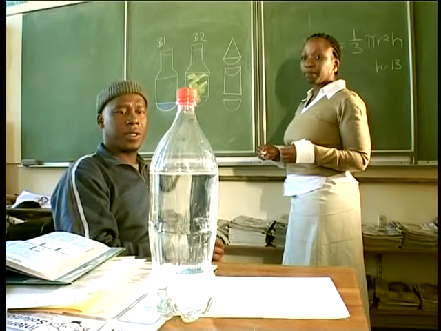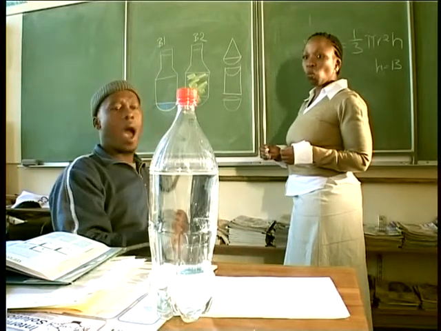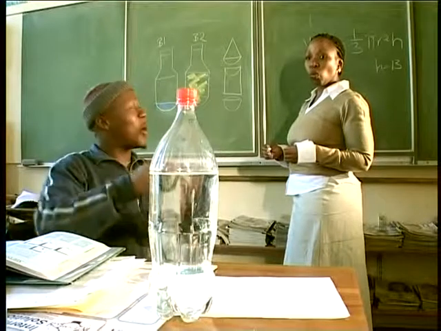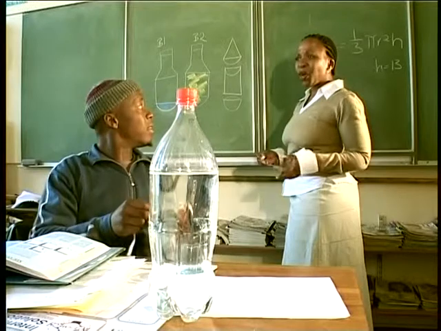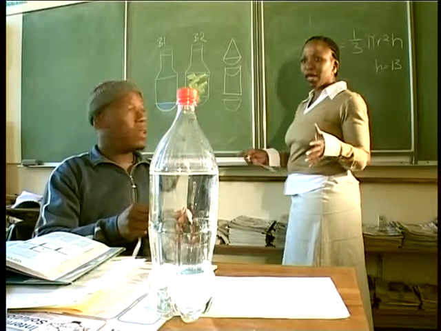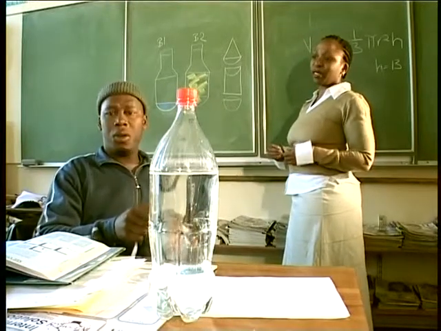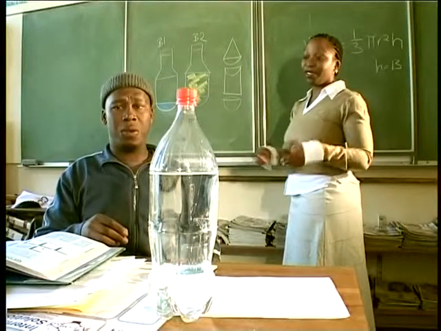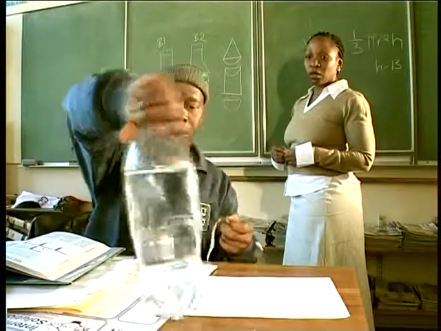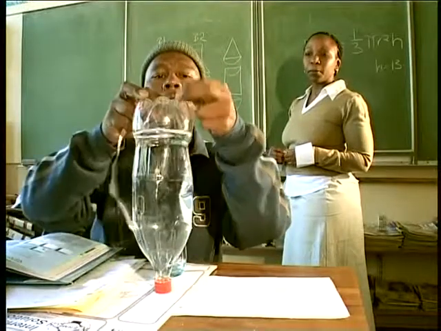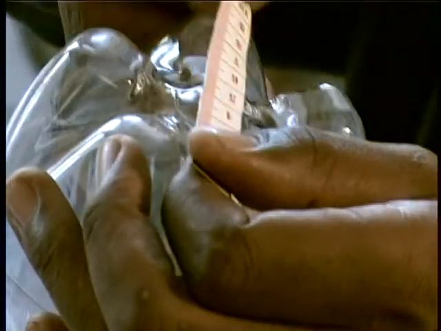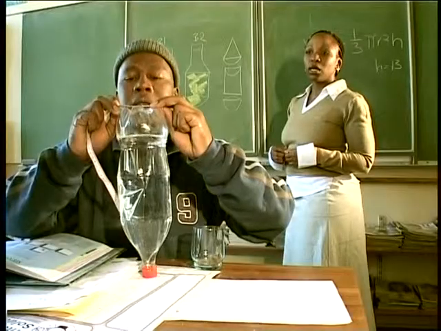The diameter? Oh, you mean around the bottle? Around the bottle? No, the diameter is across, and the radius is half of that. So that's from the midpoint to the edge of the bottle. Aha, that's 10 centimeters.